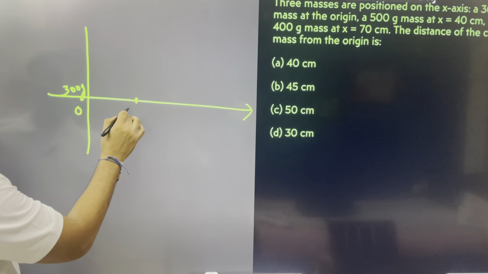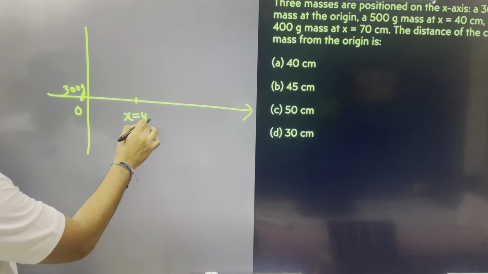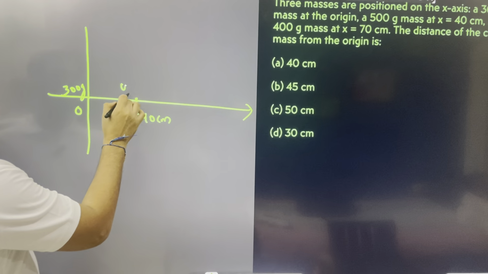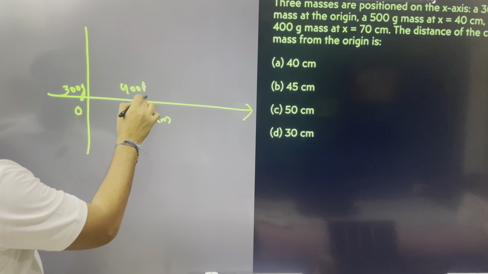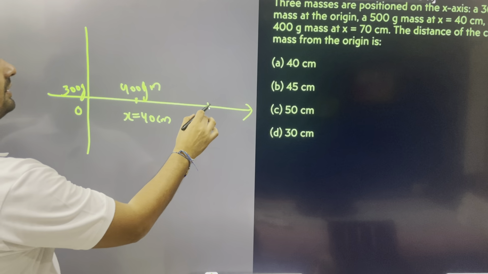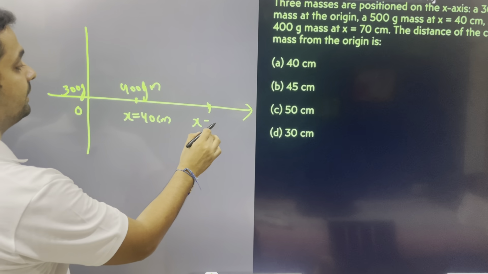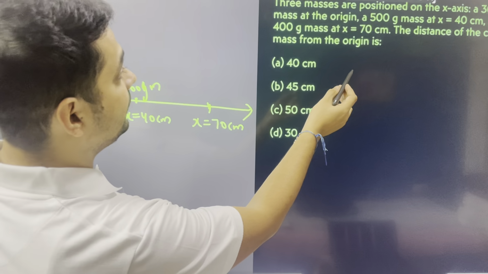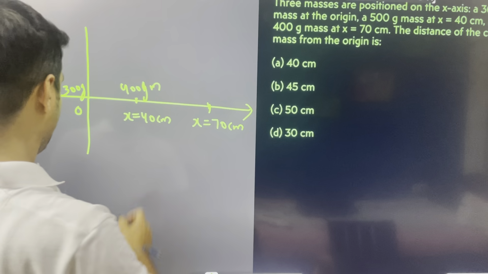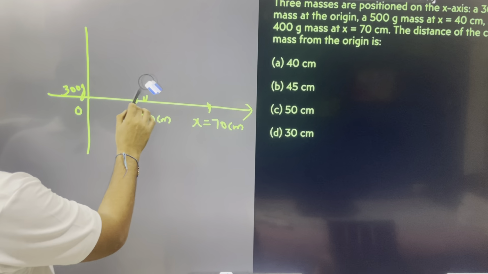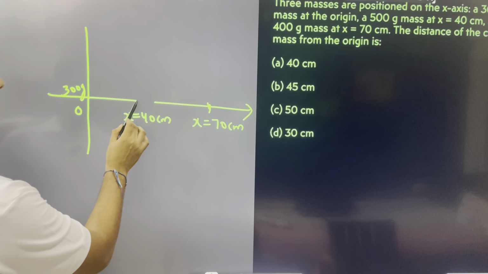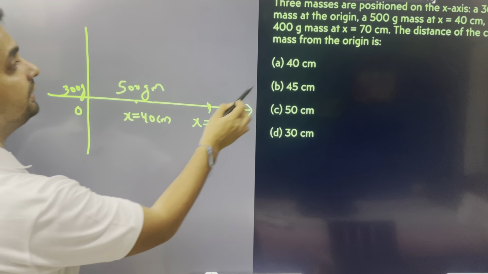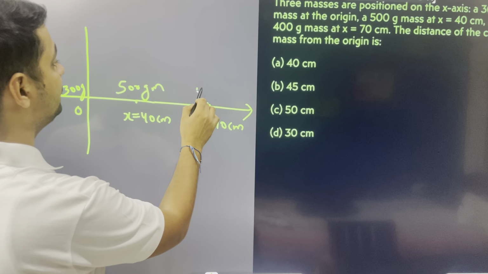Next is at x equals 70 centimeter, where the mass is 400 gram.